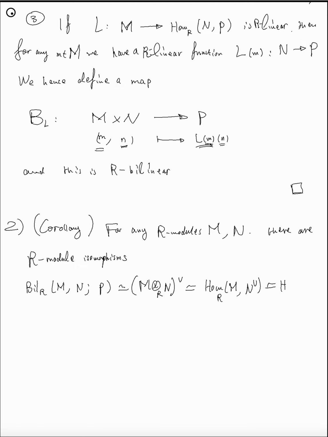So add one more: we reverse the position of N and M. How to do this? You can see there is a symmetry in M and N. We're talking about bilinear maps, right? So that directly tells you the last one.